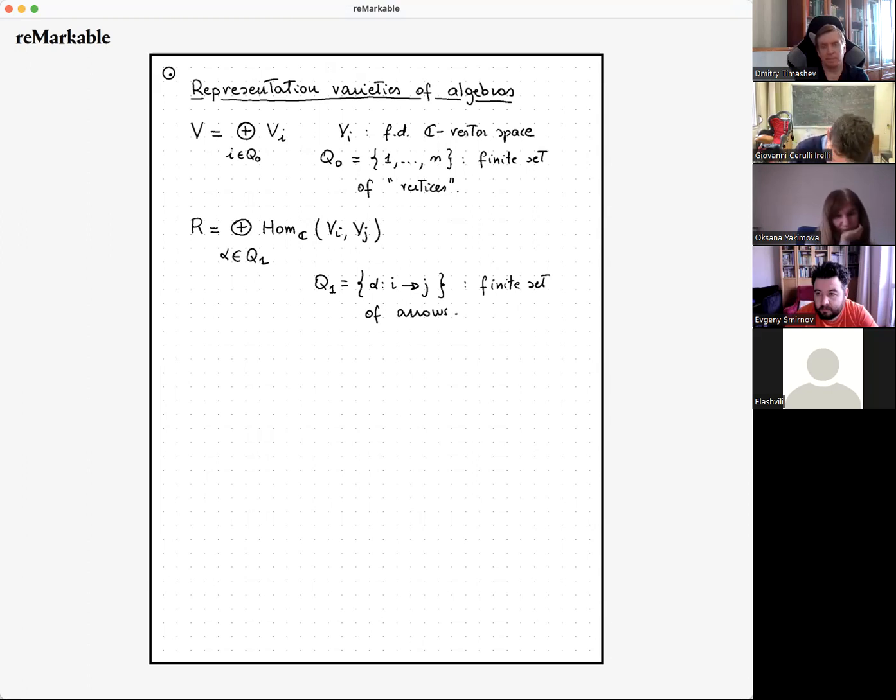The group acting here naturally is just a product of GL(V_i). This group acts on R by change of basis.